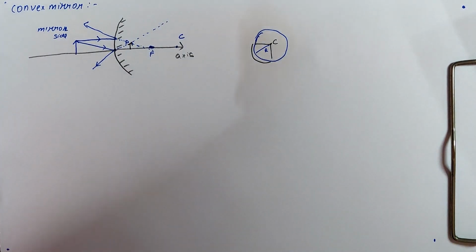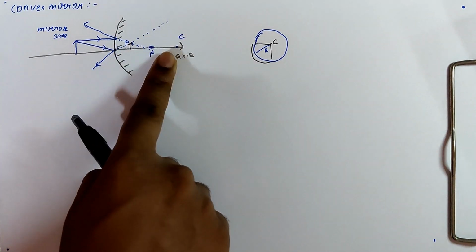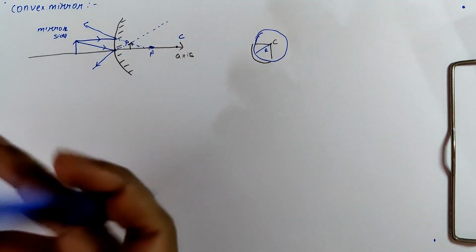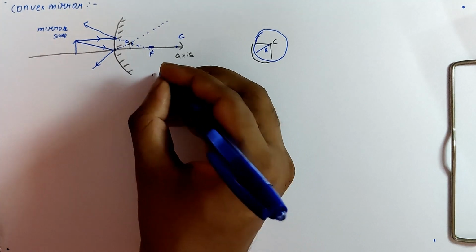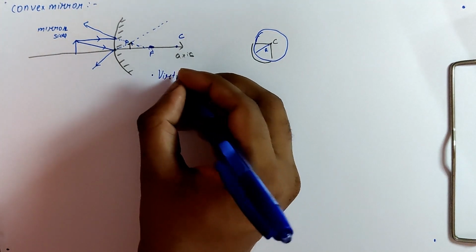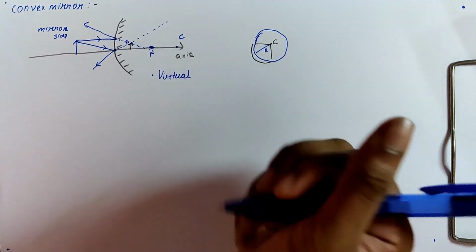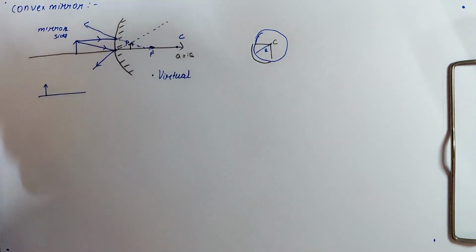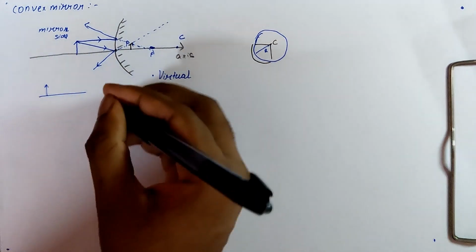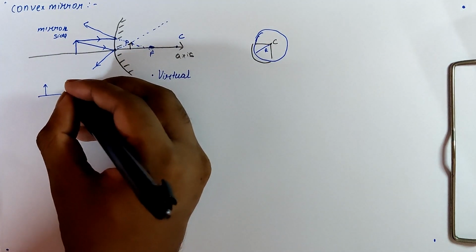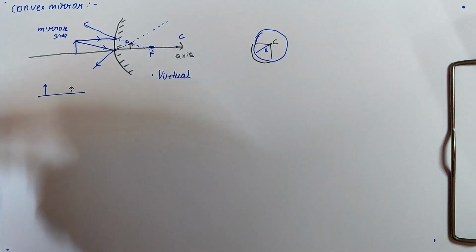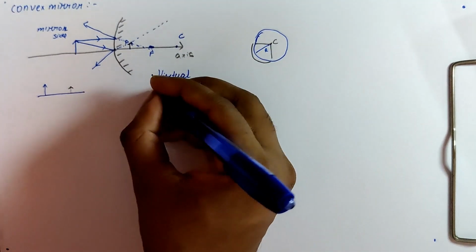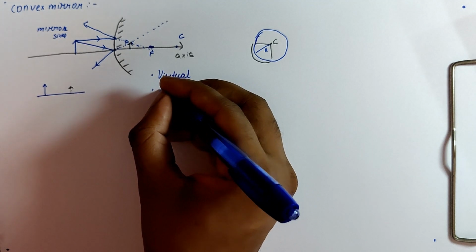We know this image is being formed behind the mirror, so the first property that we are going to write is virtual, and then we can see the object is like this, and the image is going to be in a dotted form, a really small image. So it's going to be diminished.